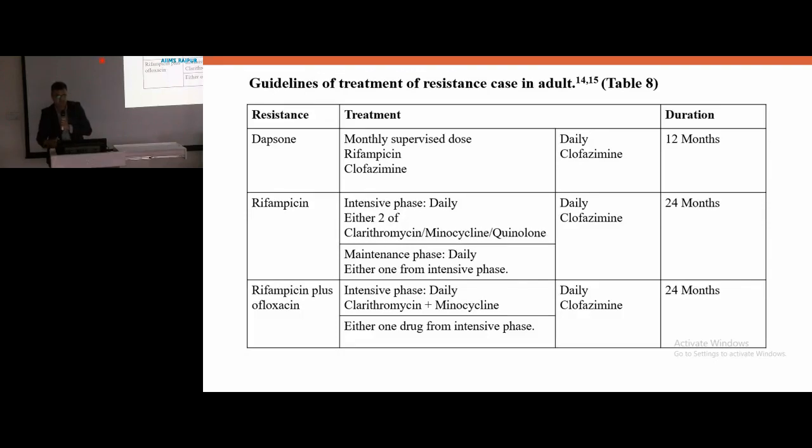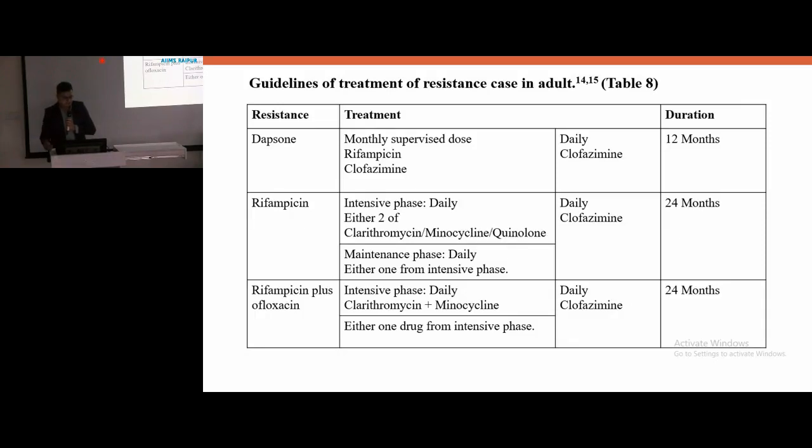As of now, we do not have any resistance to clofazimine which has been laboratory documented. One or two case reports may suggest clofazimine resistance. The loci has been investigated and found, but in actual patients that resistance is still not validated. So clofazimine has a place in the treatment of resistance, daily in all patients.